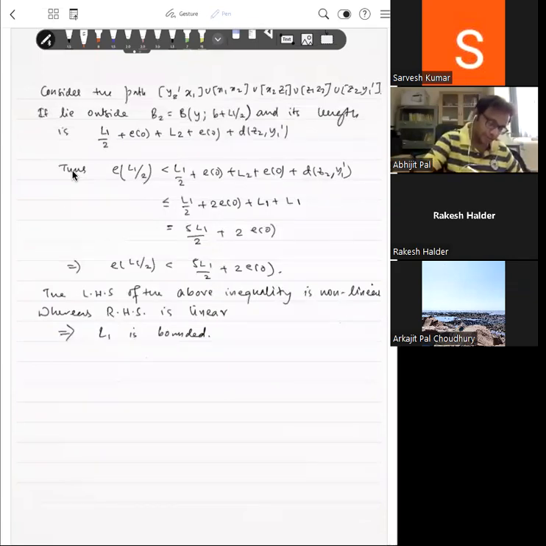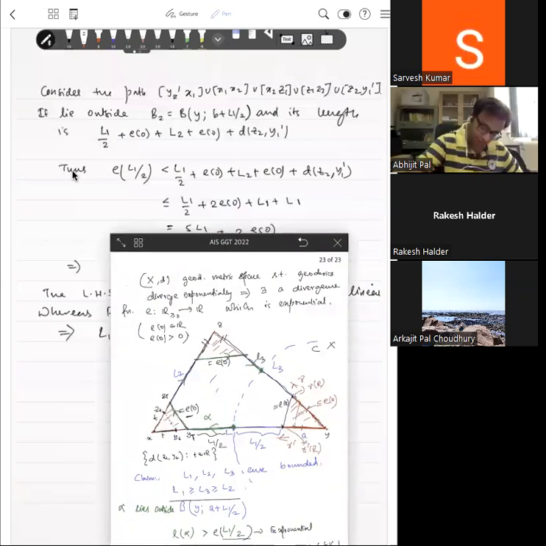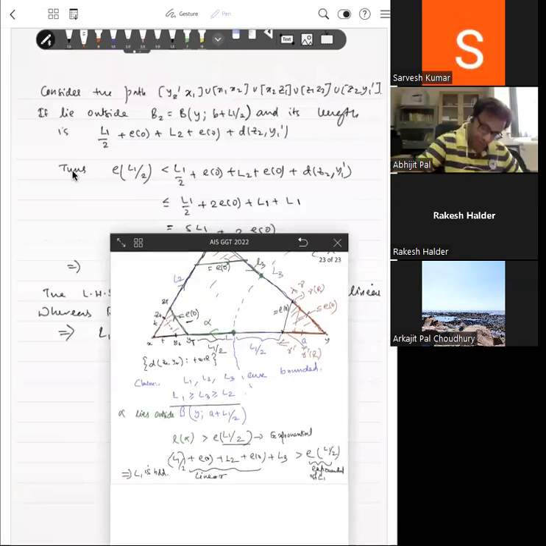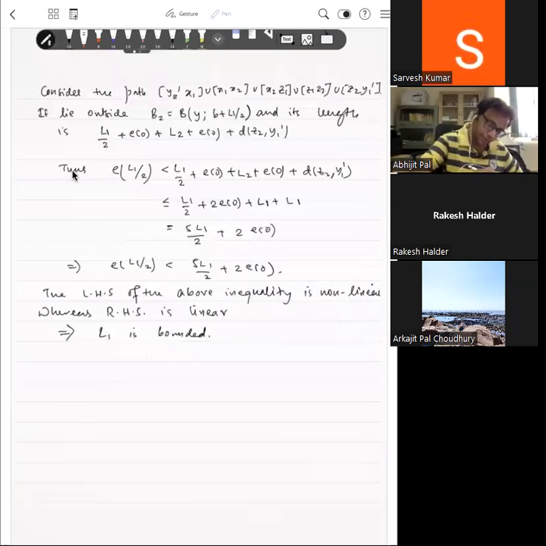In that note, you can simplify this: L3 and L2 are less than or equal to L1. Again, you can simplify this. So what equation will you get? You'll get this equation, right? And the right hand side is linear.